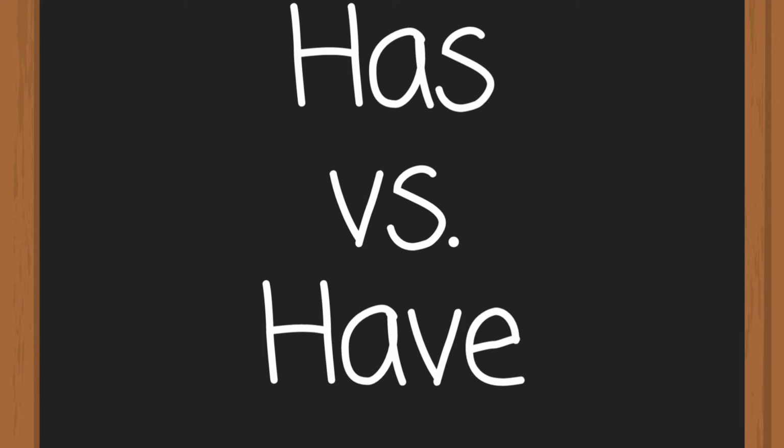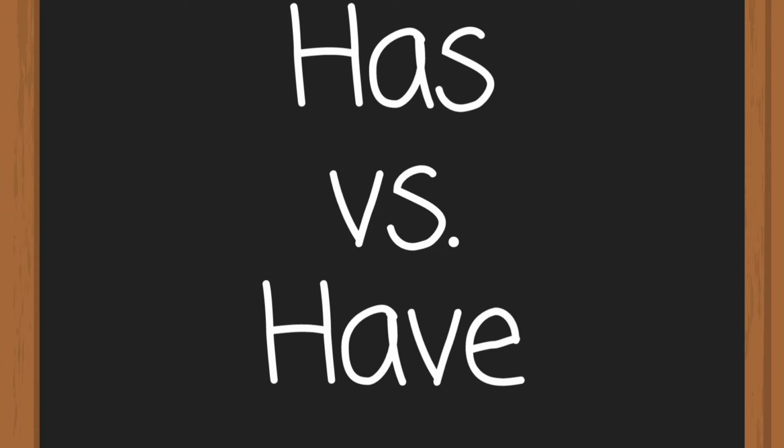Today we will do a new chapter, that is has versus have. That means use of has and have. Today we will learn rules to remember when to use has and when to use have in a sentence.